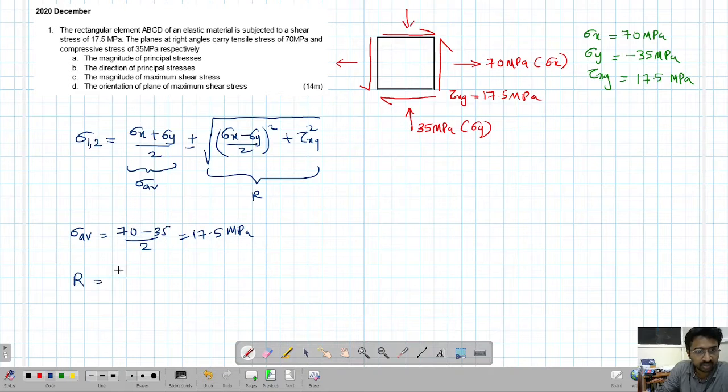The radius of the Mohr's circle, or the second part of this equation, is the root of sigma x minus sigma y by 2, that is 70 plus 35 by 2, whole square, plus shear stress 17.5 square. This will be equal to 55.34 MPa.